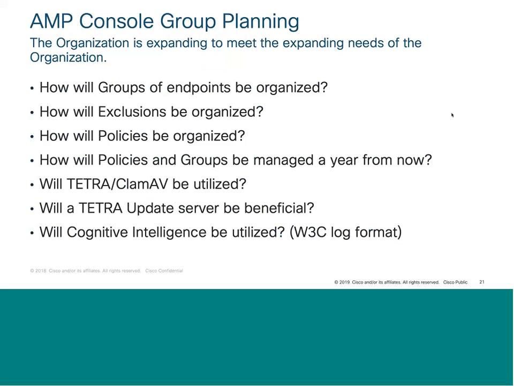So one of the next big pieces to this is planning out how we want to manage our groups, policies, exclusions, and which features we want to turn on within our environment. I can't emphasize enough the importance of group and policy planning within AMP for Endpoints. Do this wrong, and the customer will be suffering heartburn for years to come. Do this right, and their environment will be a cinch to manage, and they will love the product because of it.